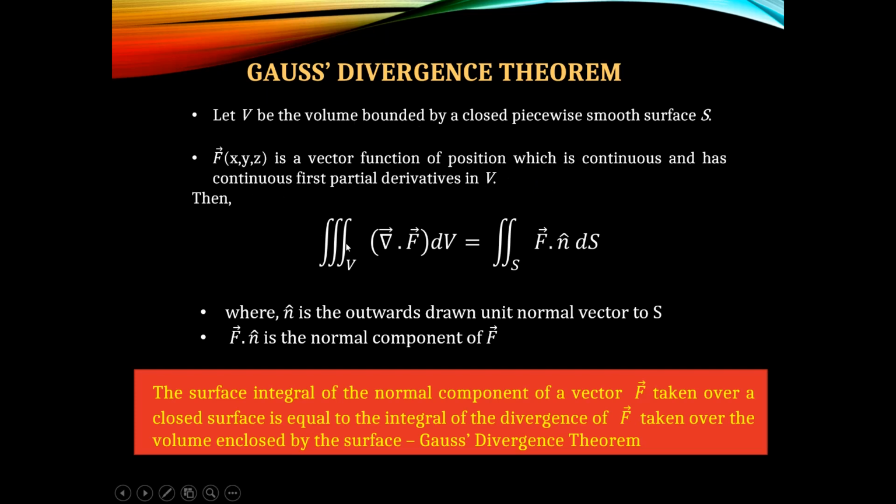Then we can write the volume integral of divergence of f, that is del dot f dV, is equivalent to the surface integral of the vector f dot a unit vector n times the elemental area dS.